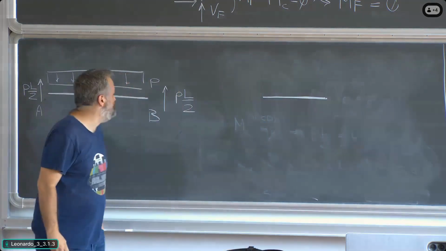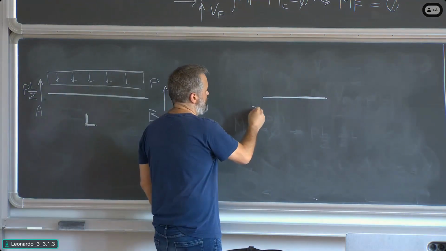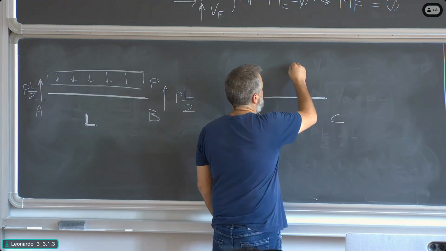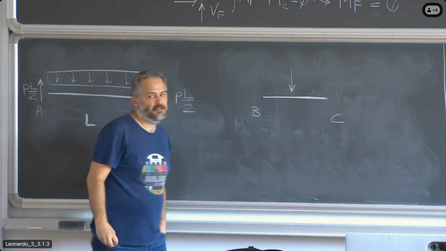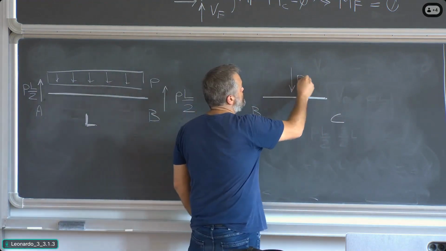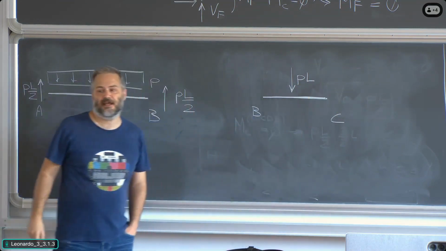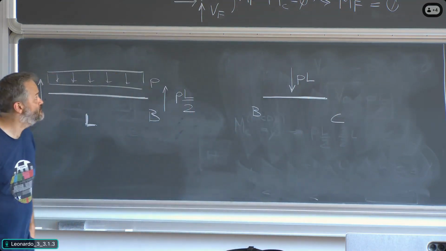What happens in BC? Same thing, simply that there is a concentrated load at midspan and not distributed load.